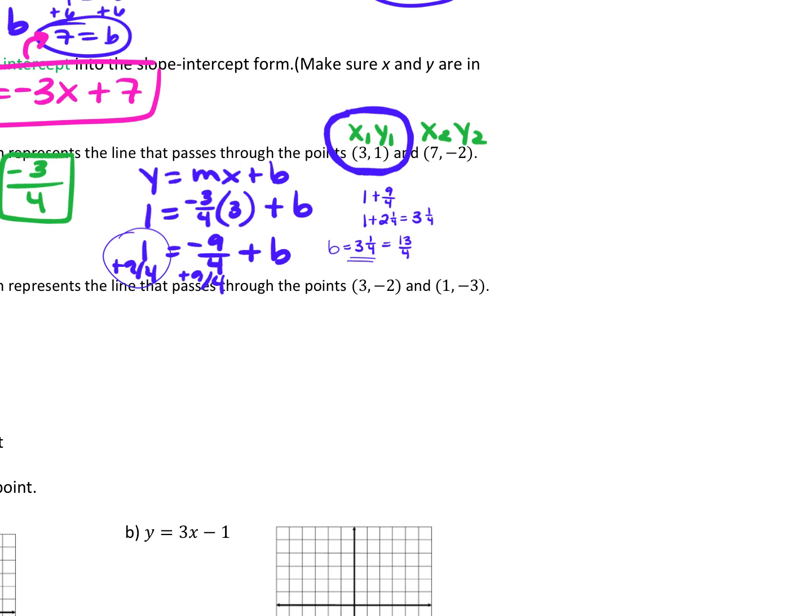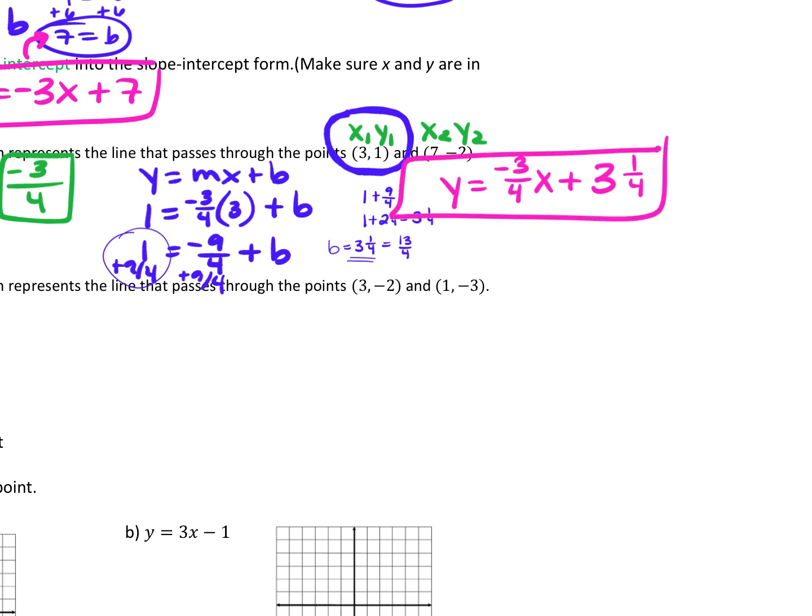Now that you've found b, you have to write the equation of the line. What is the equation of this line? Right. So y equals the slope, negative 3/4 times x, plus the 3 1/4. That is your y-intercept.